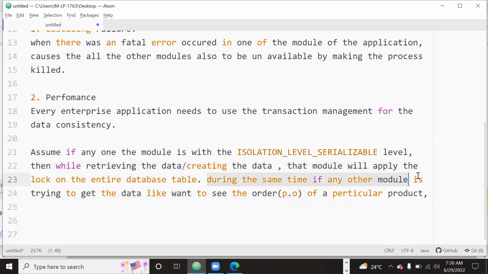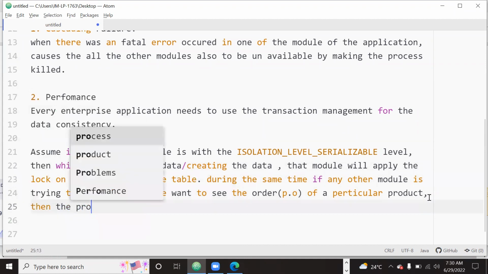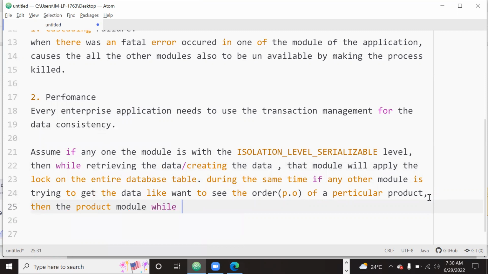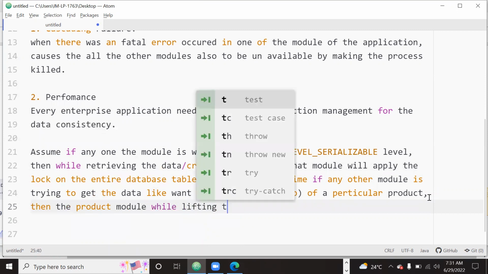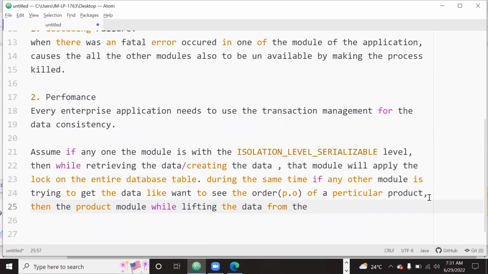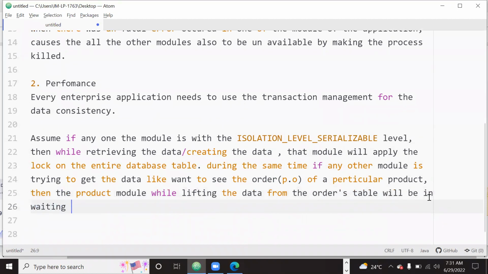During the same time, if any other module is trying to get the data, like wanting to see the order copy of a particular product, then the product module, while lifting the data from the orders table, will be in the waiting state till the orders module releases the lock on the orders table.